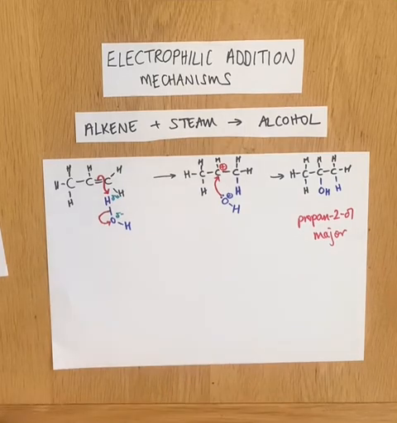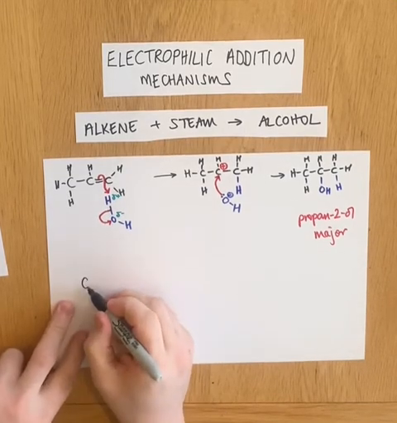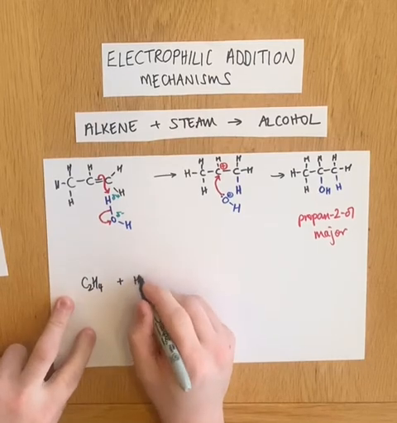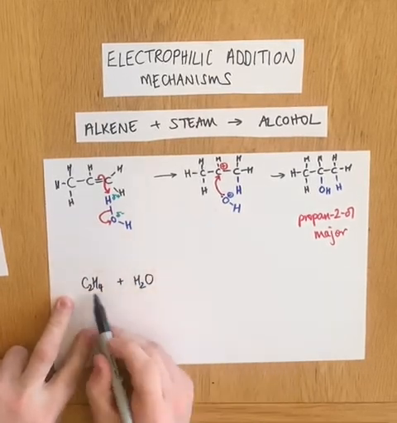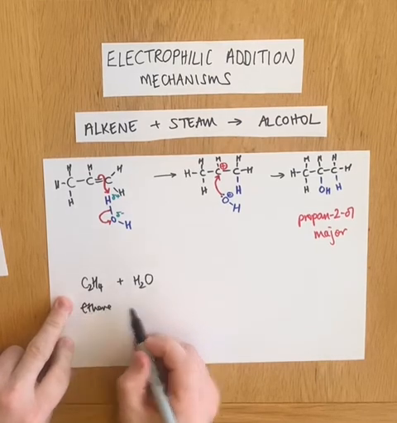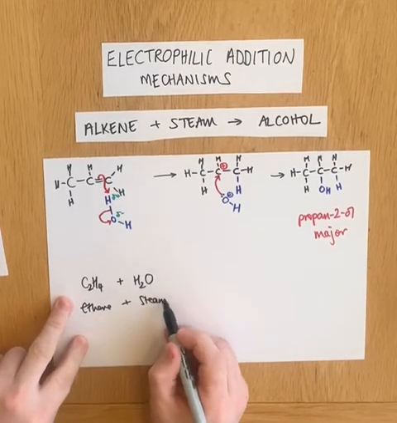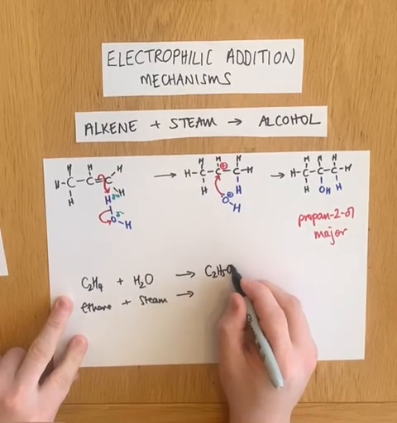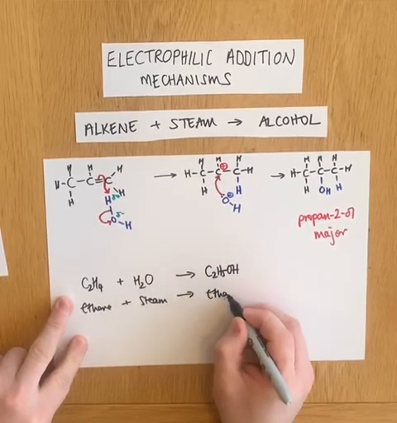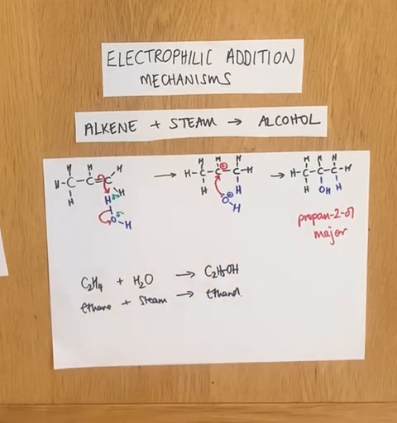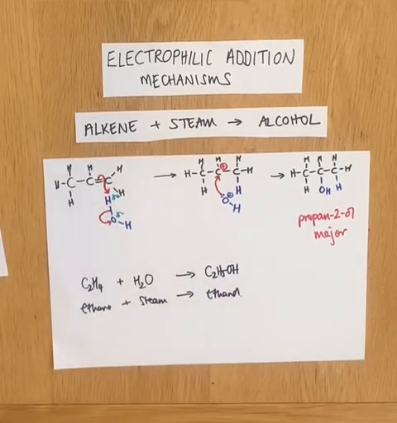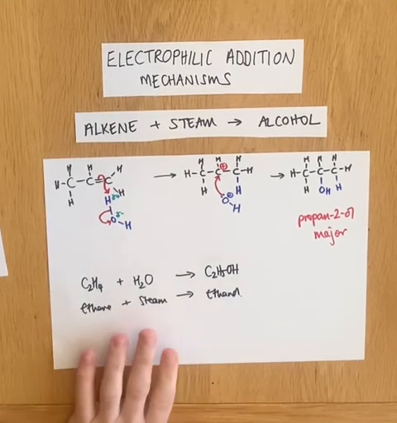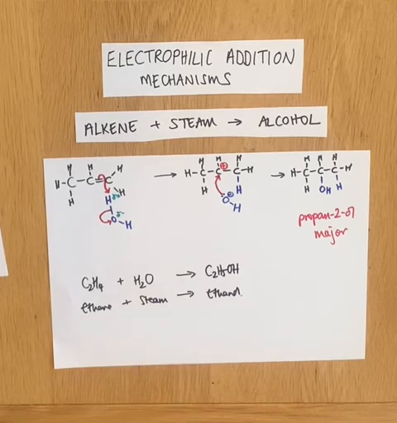When this is a reaction used to produce ethanol, for example, H2O, so ethene reacting with steam or water to form ethanol, this is a very good reaction compared to fermentation of glucose because you just make ethanol.